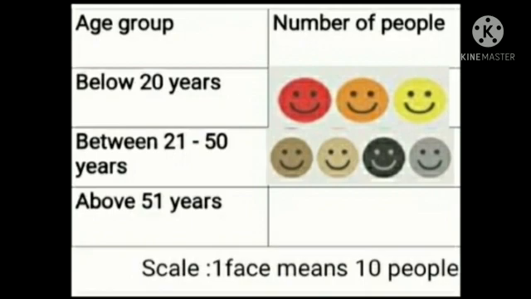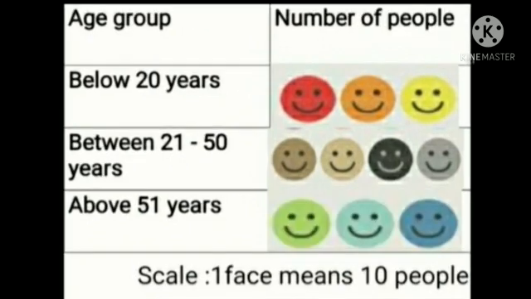So total 100 people were there. Out of that 30 were below 20 years. 40 were there between 21 to 50 years. So the total is 70. So 100 minus 70 gives you 30. So 30 faces of people we are going to show above 51 years of age.